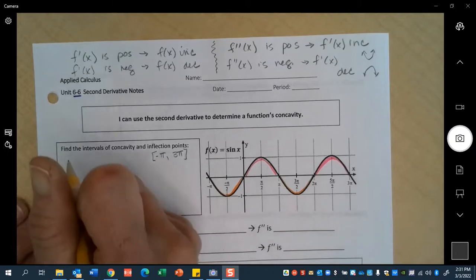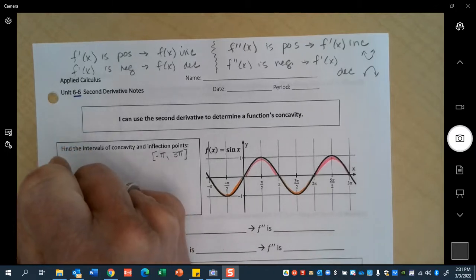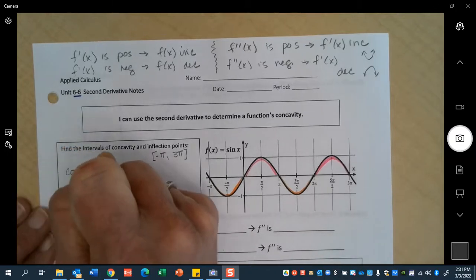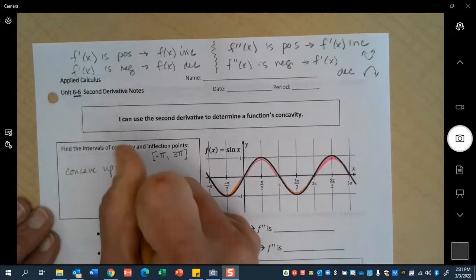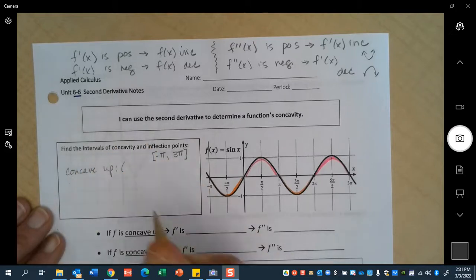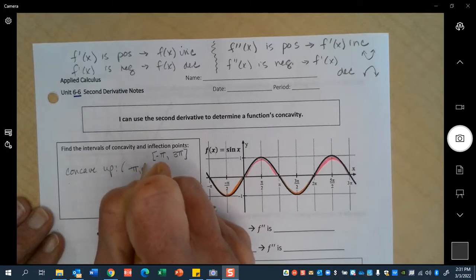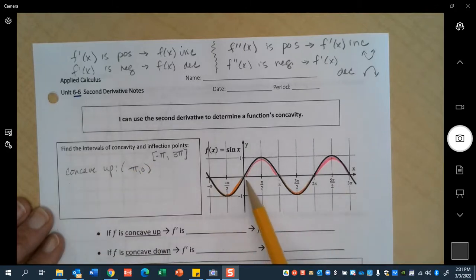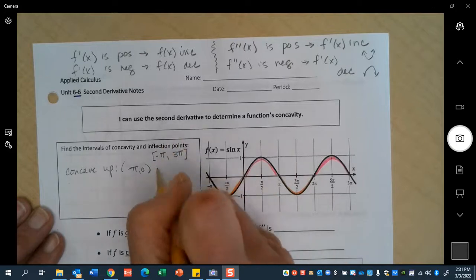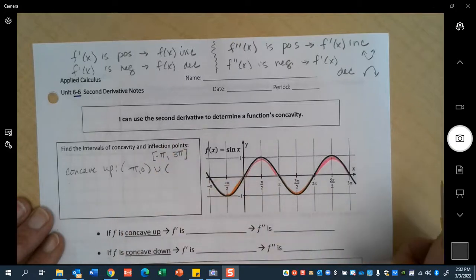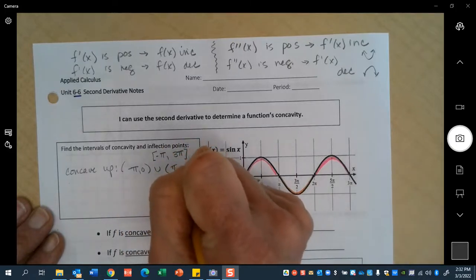So along this graph, if I want to look at where I'm concave up like a cup, that's going to be on the interval of negative pi to 0, and then again from pi to 2 pi.